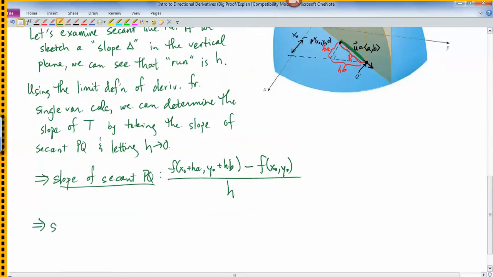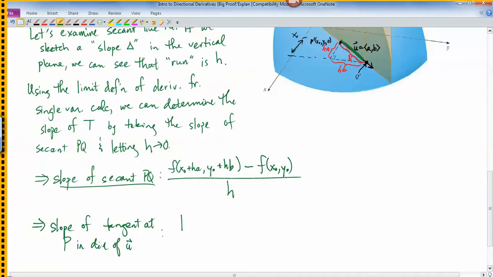So therefore, the slope of the tangent at P in the direction of the little vector u is going to be the limit as h goes to 0 of the same thing that's right here.